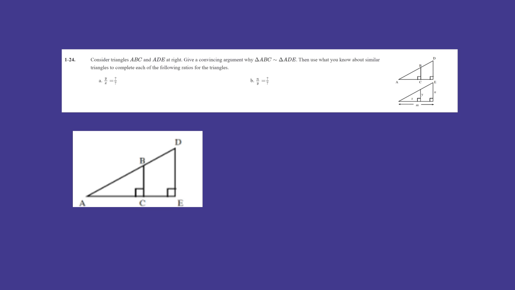So I can go ahead and say, just from looking at this triangle, that triangle ABC is similar to triangle ADE by angle-angle similarity. The reason I can say that is because we have 2 right angles, and then we have a shared angle.